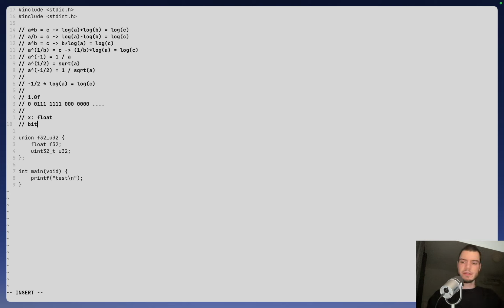We would take the bit representation of this value, interpret it as an integer, which would give us a very large integer value, interpreted as a 32-bit integer, which is somewhere around 1 point something million.